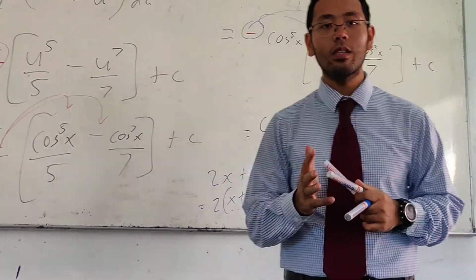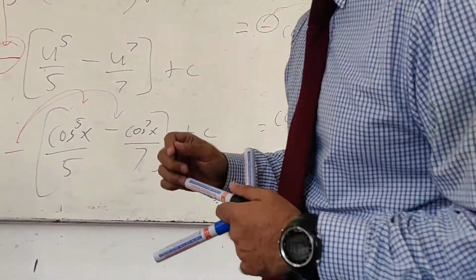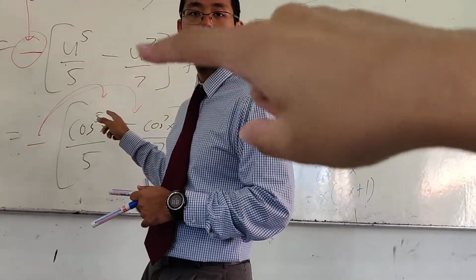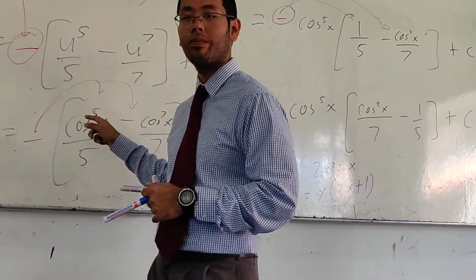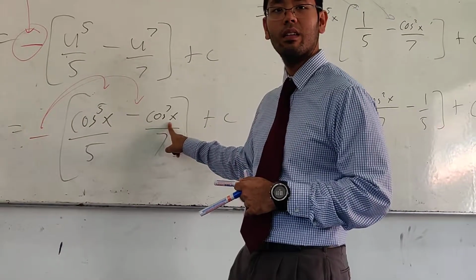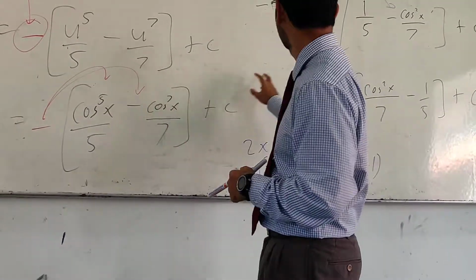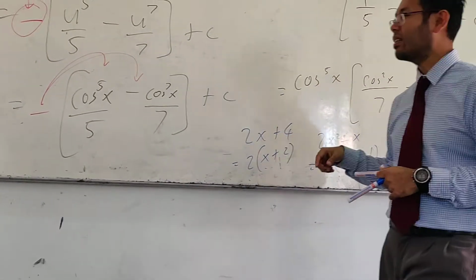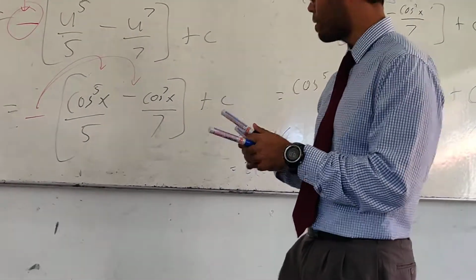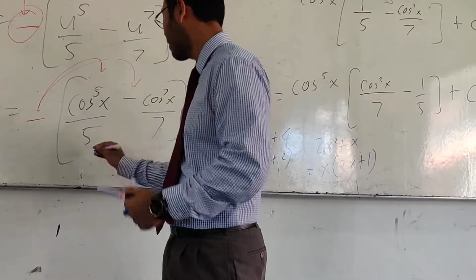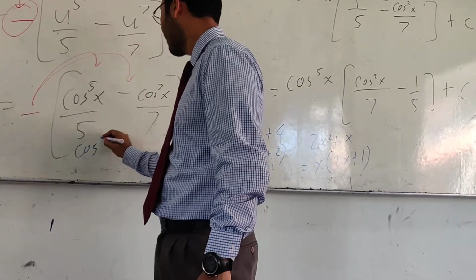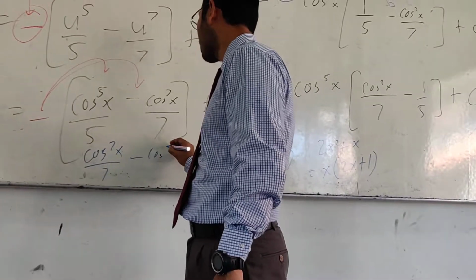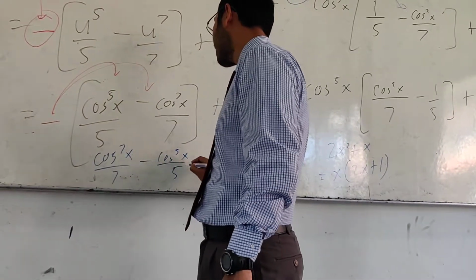Sir? Yes? If we multiply the constant inside, this time, this thing. Yes. And then cos 7 gets positive, and then we bring it to the front. Yeah. And then you don't need to do it like that. If you multiply it over here, then you get yourself cos 7x over 7 minus cos 5x over 5.